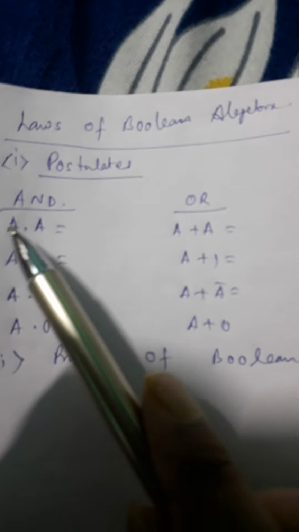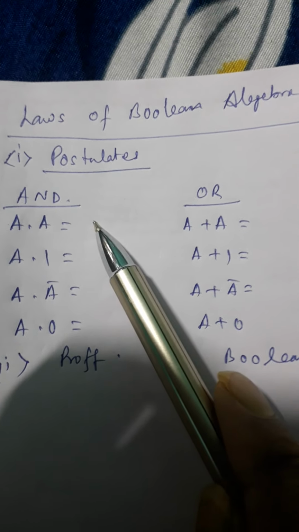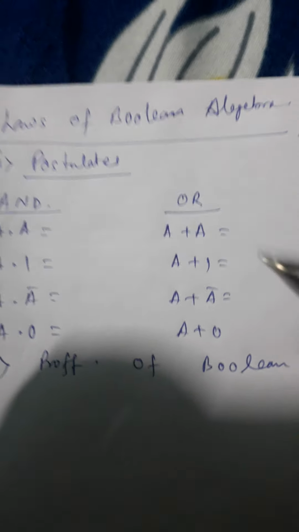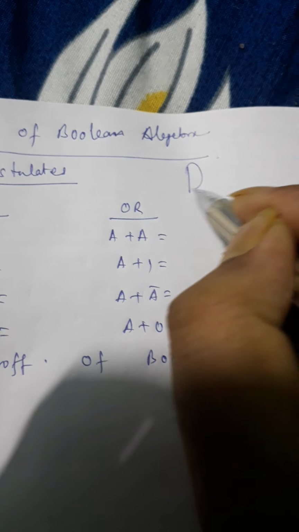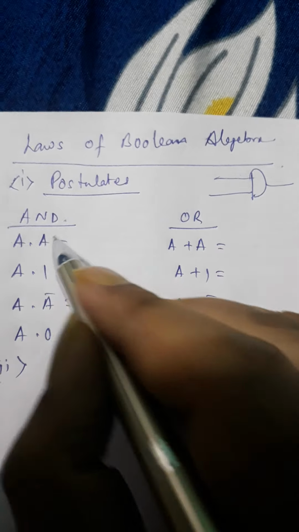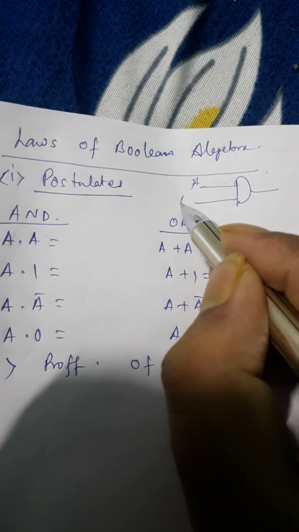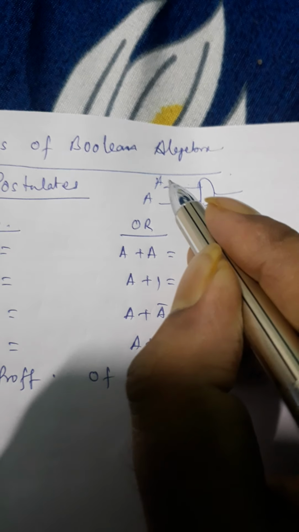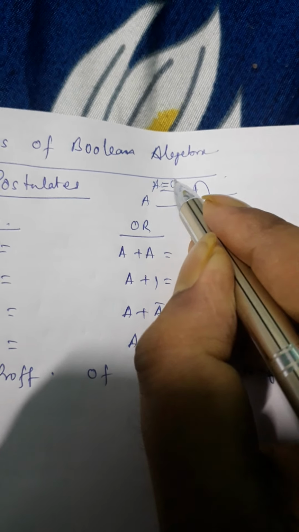Now, A dot A, what will be the output? Don't just write it, fine. You think of one AND gate, right? In that AND gate, how many inputs are there? A dot A, so two inputs are there. One is A, the other one is also A. What will be the output? Say we assume A equal to 0.